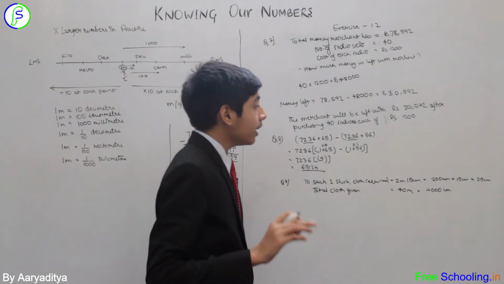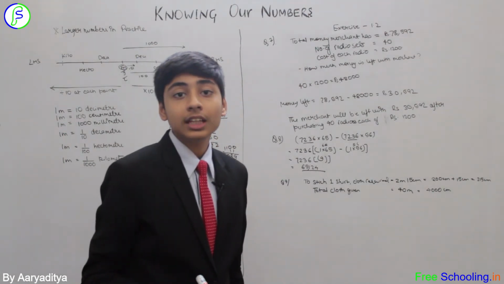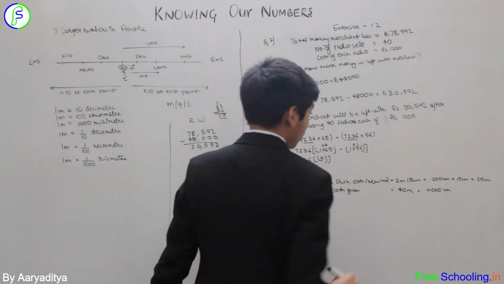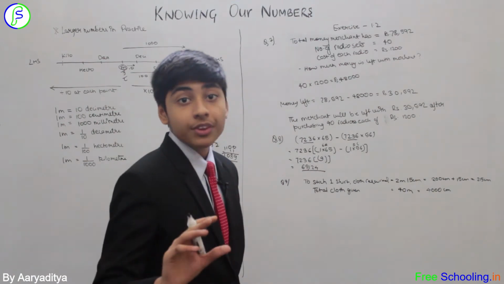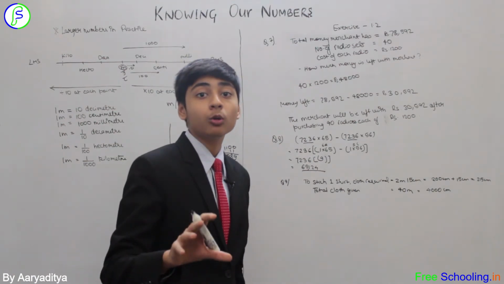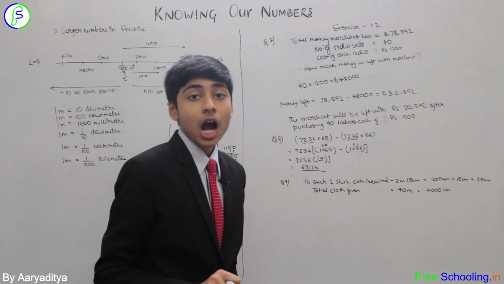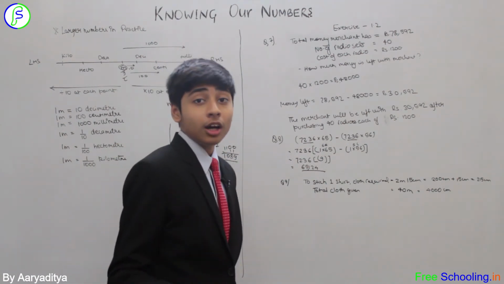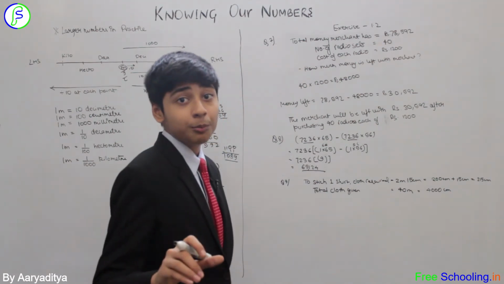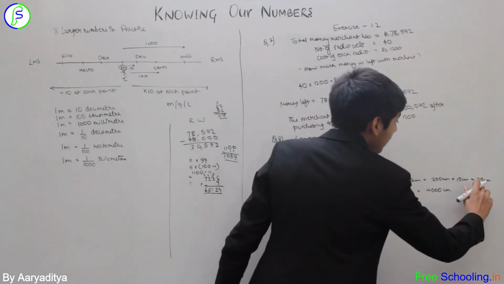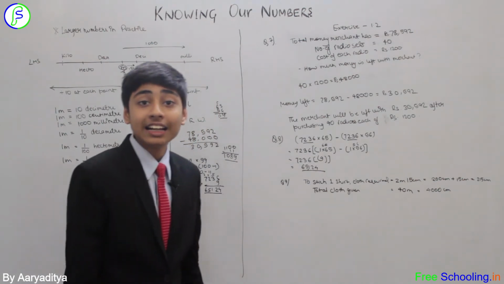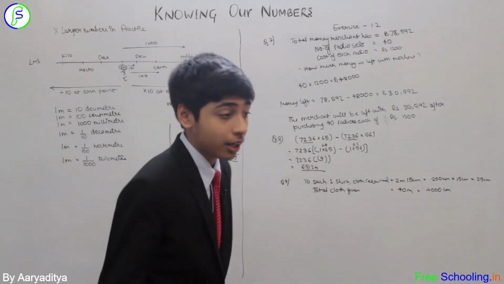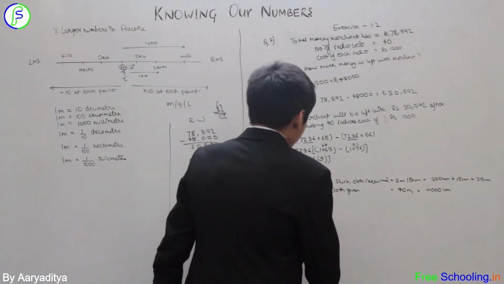So we would be given a total number of shirts that will be stitched out from the cloth. And if there is any remainder, that would be the remaining cloth that cannot be used to make a shirt, because it will be less than 215 centimeter and that can't make a shirt. So that would be remaining cloth. So let's do this one.